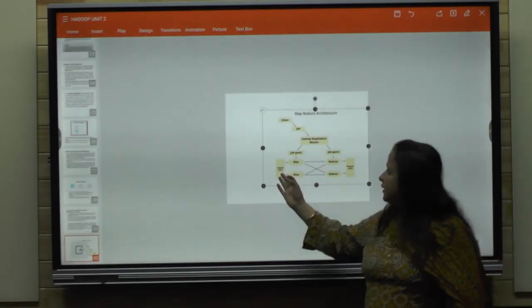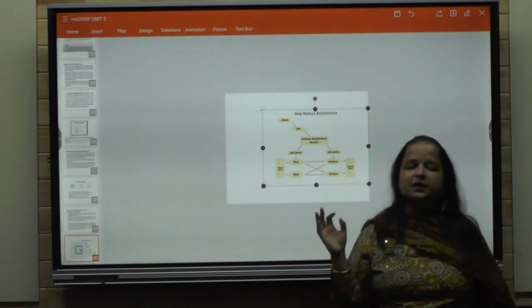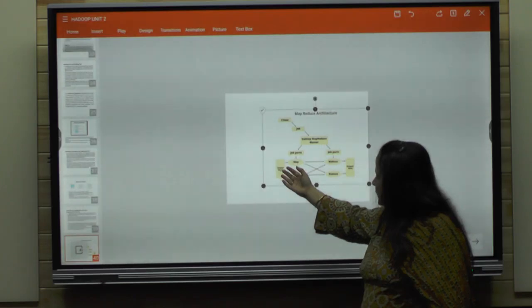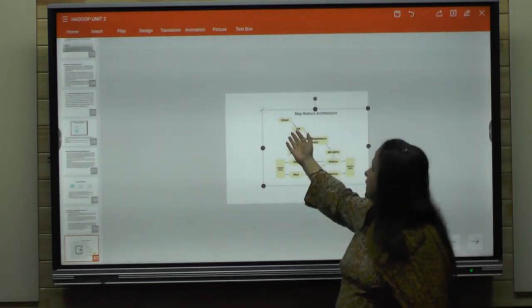And from where input data is fetched, it is fetched from the HDFS. Then the data set is fetched from the HDFS, and what work should be done, it is assigned by the client job.